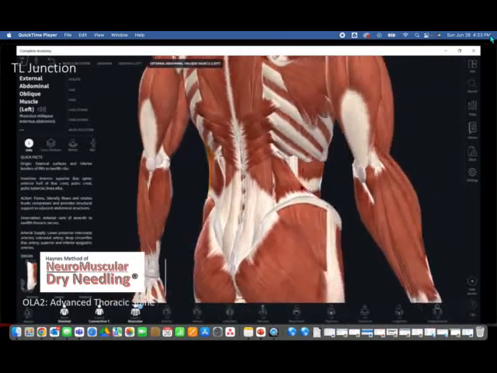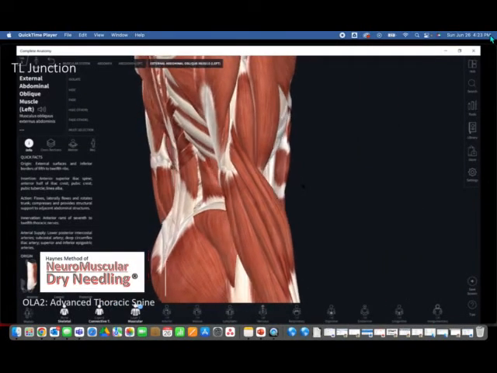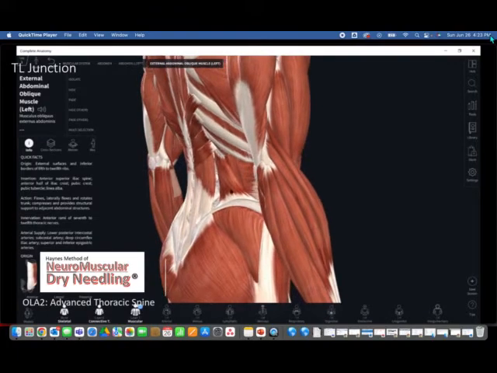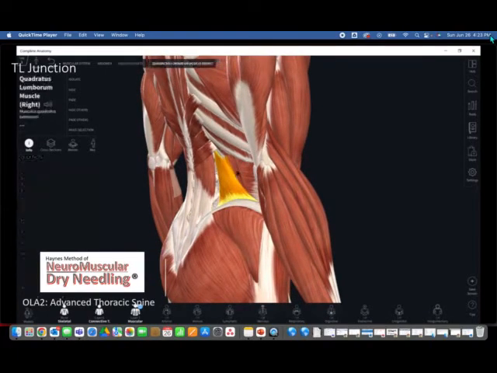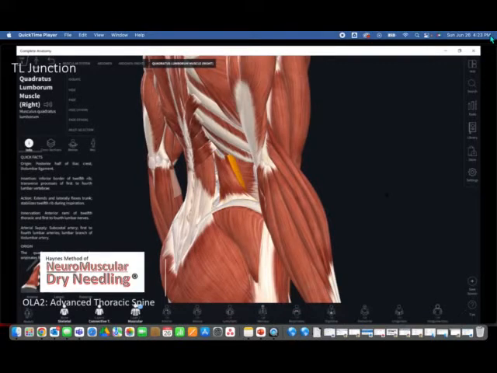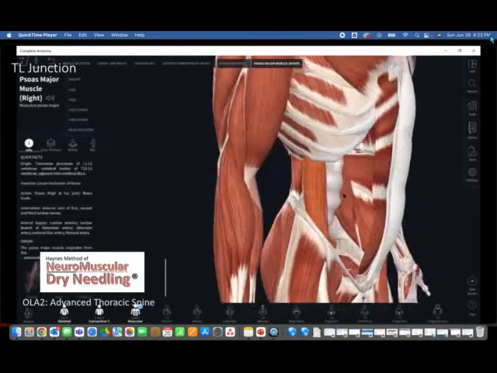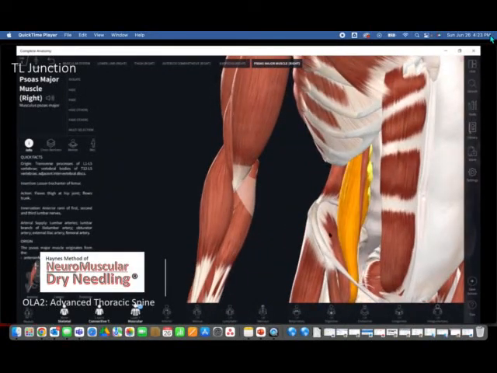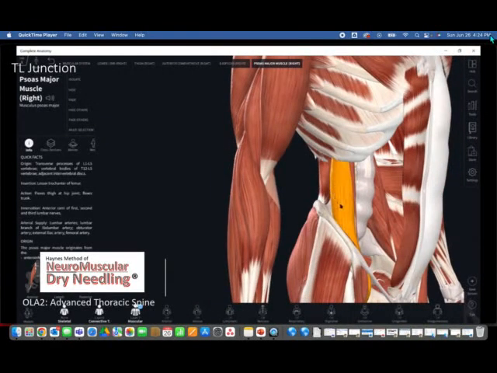And then further, a little bit deeper, we'll look at quadratus lumborum and the psoas major. One could say iliacus may be treated similarly, but those are the structures identified that we would look at treating for pain in the TL junction.